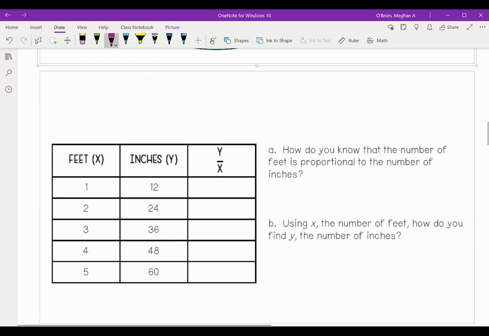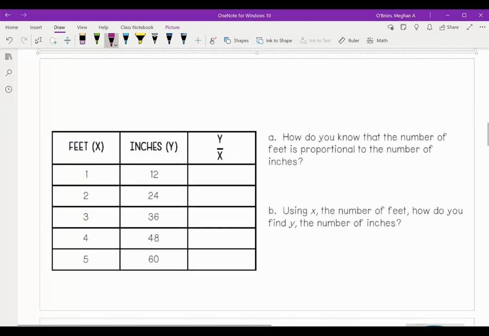So let's get warmed up to this idea. Here we have feet being compared to how many inches are in a foot. This last column is the y divided by x, or again, that k, the constant. So what is the constant of proportionality here?